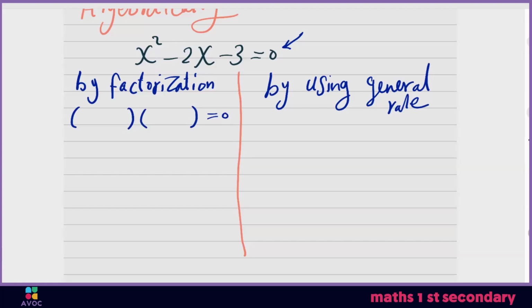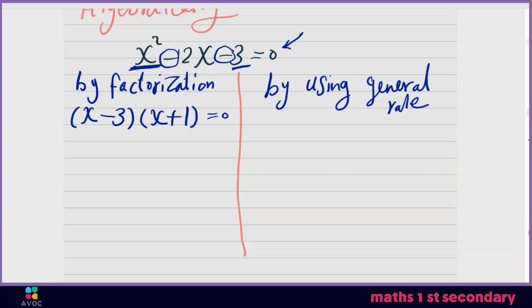Is there any common factor? No. So x power 2 is factorized as x times x. I want to factorize 3 as the product of two numbers, 3 times 1, with their difference equal to 2. The last term is negative. So the greatest number goes with the negative sign, the greatest number here is 3, so it will be negative. So 1 will be positive.